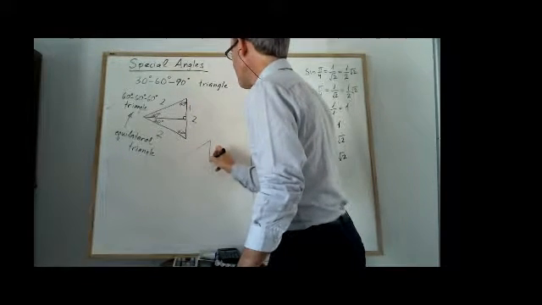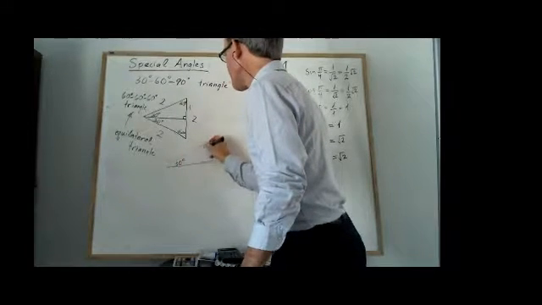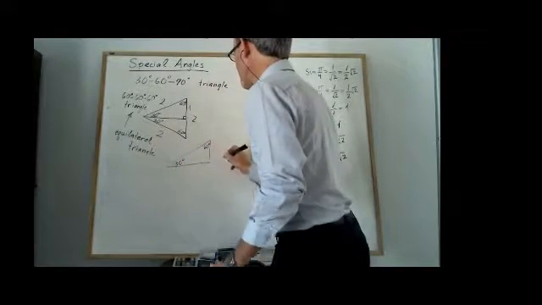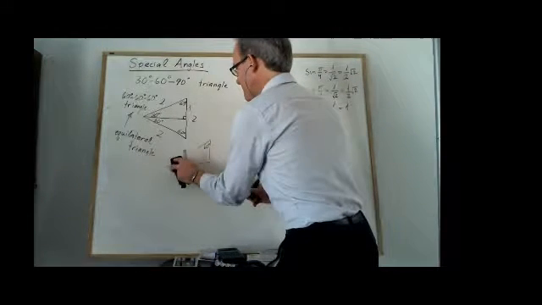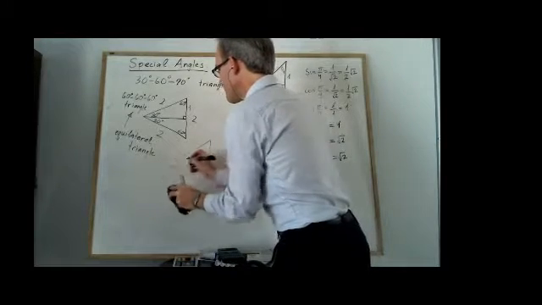So let's draw it again. Okay, now my 30, 60, 90 degree triangle looks like this. And let me write it in radians. Sorry, I want to write this so you get used to radians more.